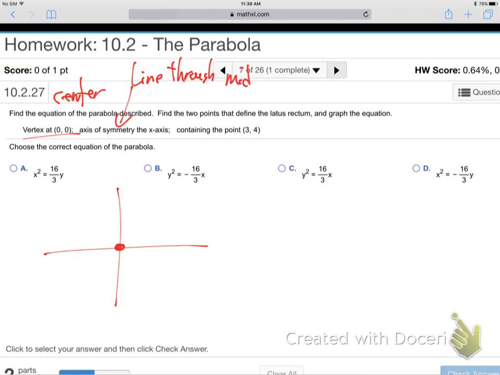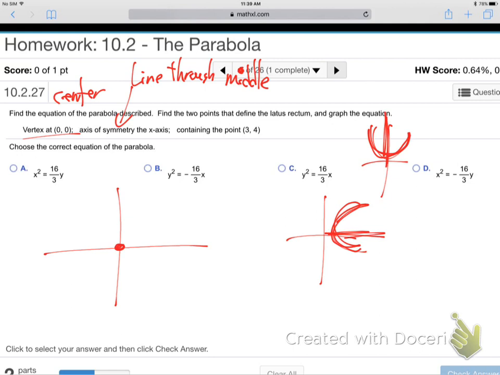An axis of symmetry is a line through the middle of the shape. So if you have a parabola like this, it would be this line. If you have a parabola like this, it would be that line. Does that make sense? The line that spears through the middle of the parabola, because that's the line the graph is the same as on both sides of. The same as above and below, right? It's the line of sameness, the line of symmetry.